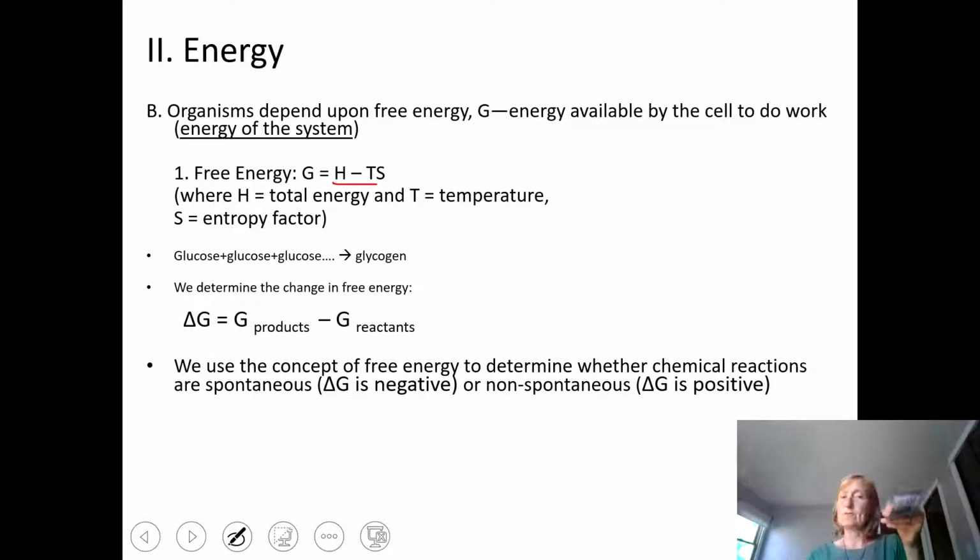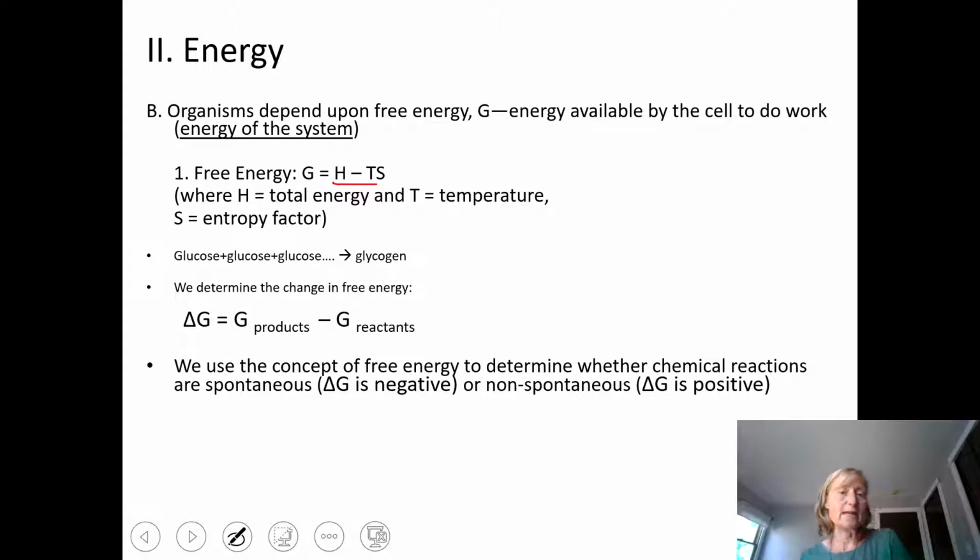The glucose molecules are maybe like the Titan slinky put together, and you make one big, long, stretched out slinky, all right? We want to think about whether the building of glycogen happens spontaneously or non-spontaneously. Does it happen without any extra energy added, or do we have to add extra energy to it?